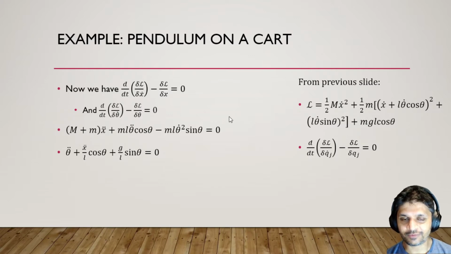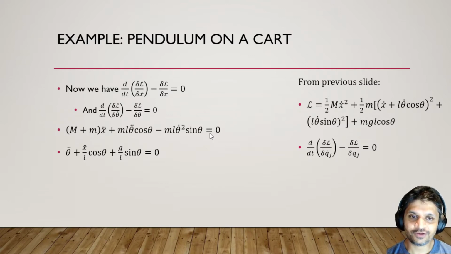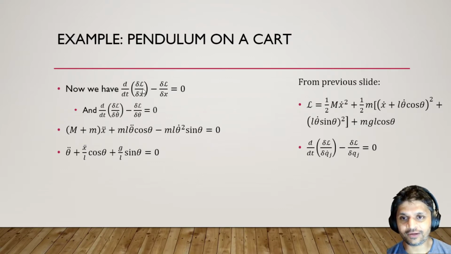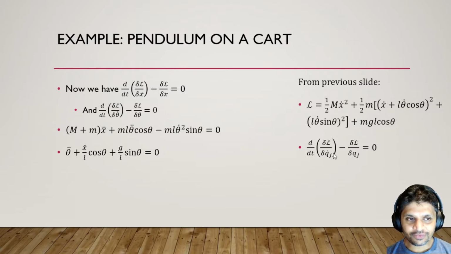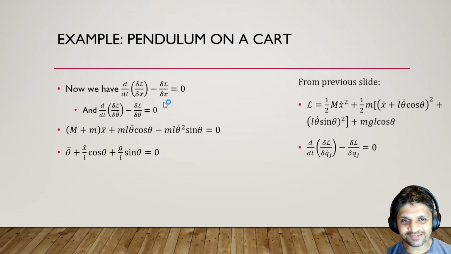So that's one of the reasons I wanted to look at this example, is just because we have two variables where previously we had only one state variable. And if we do expand this equation, we end up with big M plus little m x dot dot plus ml theta dot dot cos theta minus ml theta dot squared sine theta equals 0.